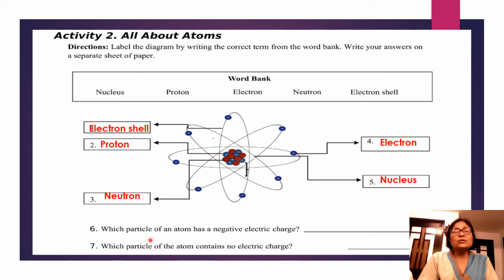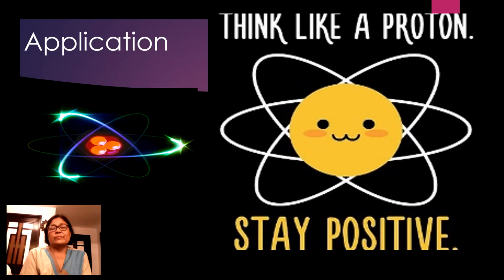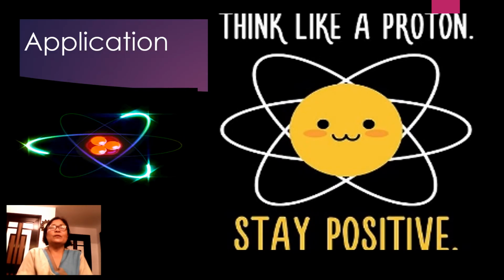So in question number 6, which particle of an atom has a negative electric charge? So the answer is electron. And number 7, what particle of the atom contains no electric charge? And the answer is nucleus. Okay, very good.